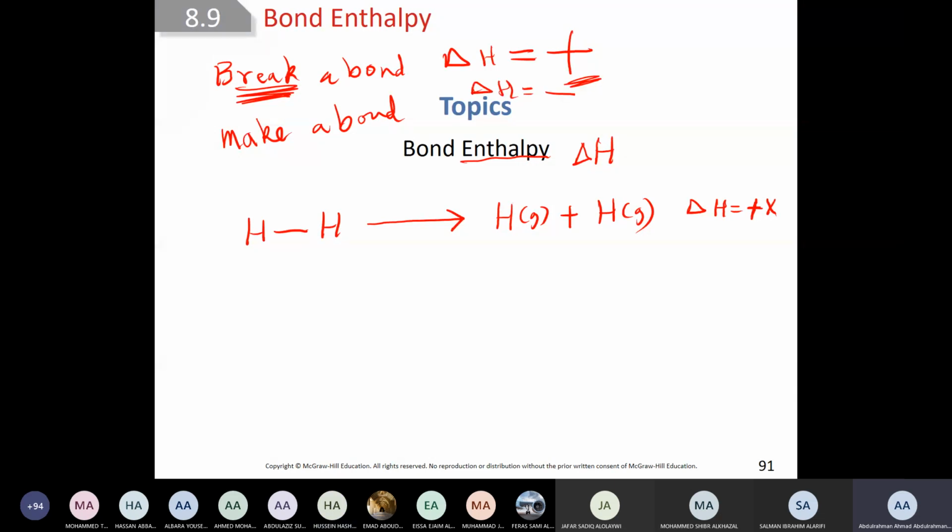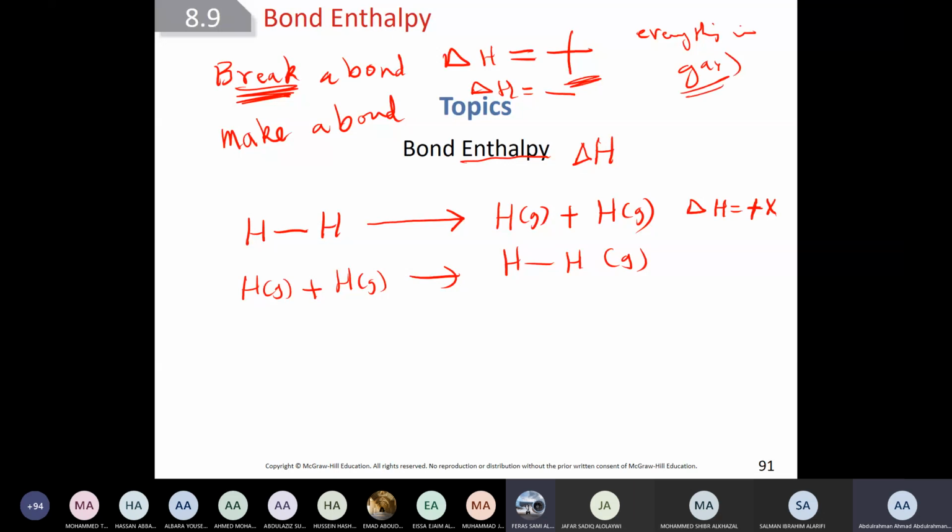Negative. Clear? This means if I have H gas plus H gas to make H2 gas, and everything must be in gas, by the way. Don't forget this.